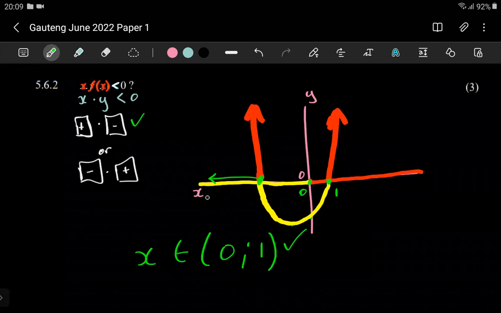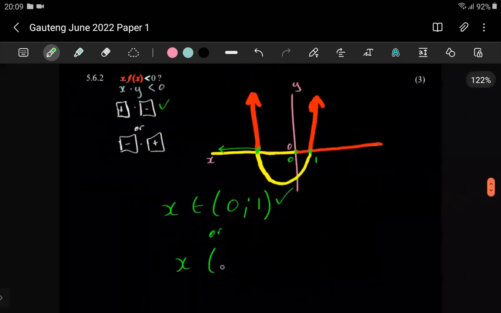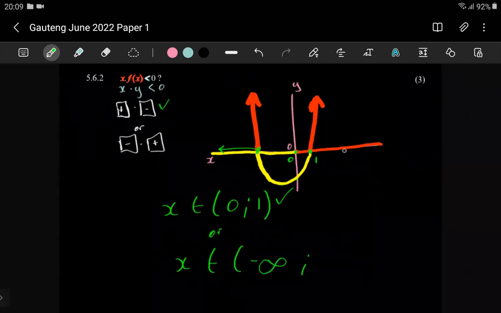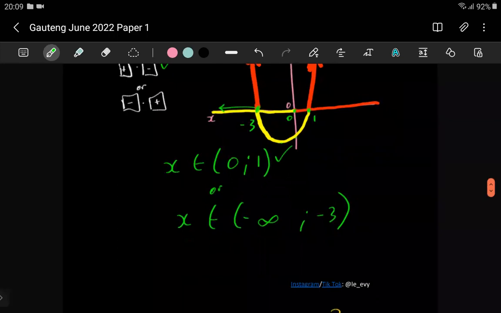So that portion definitely qualifies for our answer. We're going to say x is an element of negative infinity until negative 3. That value, we got it to be a negative 3. Let me just draw this a bit better. Negative infinity until negative 3.